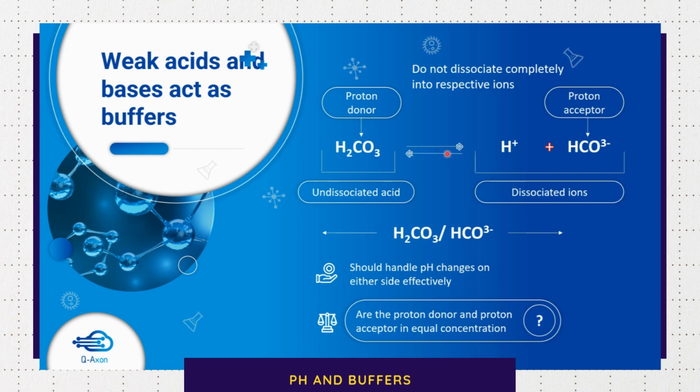Is the dissociation 50%? If it is 50%, then obviously the undissociated acid and the dissociated ions will be in equal concentration. But that we don't know. So that is governed by the characteristic of the buffer, that is how much it is dissociating, and that will define how effective the buffer is.